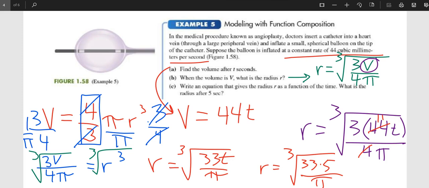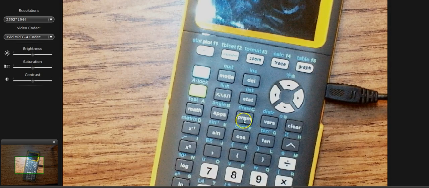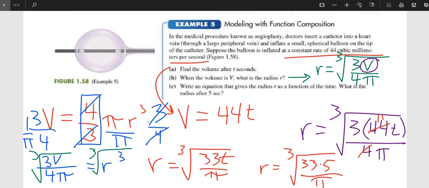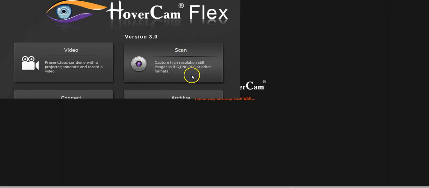Plugged in. Is it plugged in? No, that's not the right one. Alright. Come on. Initialize.